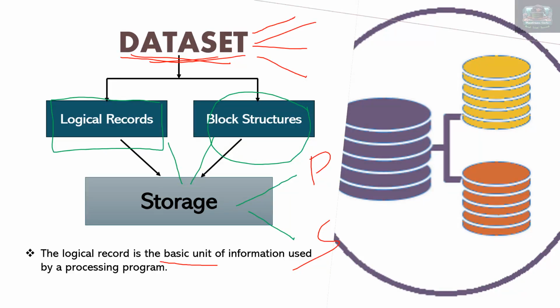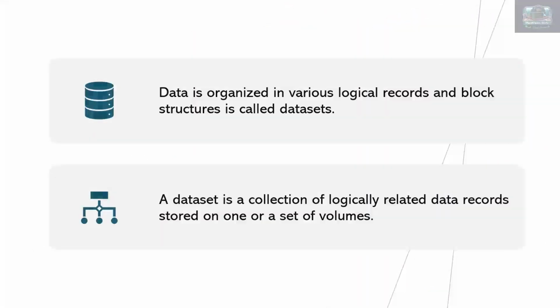So the basic definition of a dataset is the collection of logical records which are organized in block structures and which can be kept in a primary storage or a secondary storage. We can define a dataset as data organized in various logical records and block structures, or a dataset is a collection of logically related data records stored on one or a set of volumes.